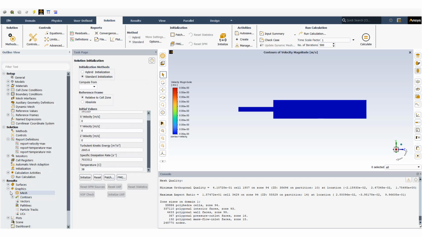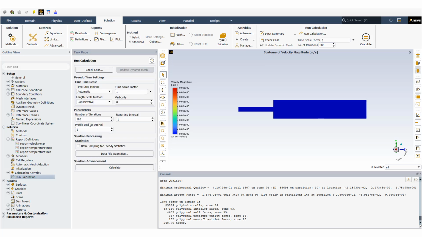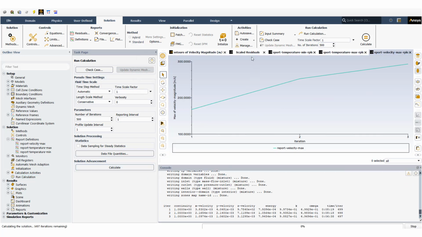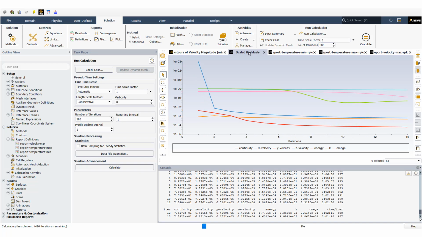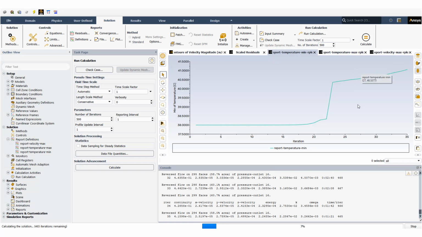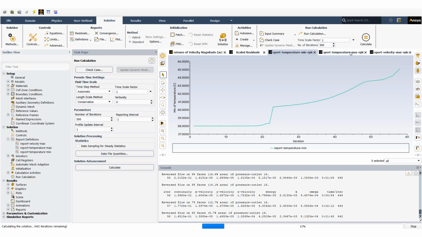So let's start running the simulation. I just consider 500 iteration, and then I'll check the residuals and mass flux imbalance to see that if it's good or not, and also according to these monitors we can check that. So this is the residuals. You can see that the temperature increasing, minimum temperature, this is the mean temperature.